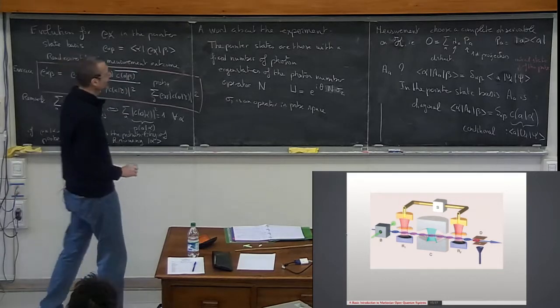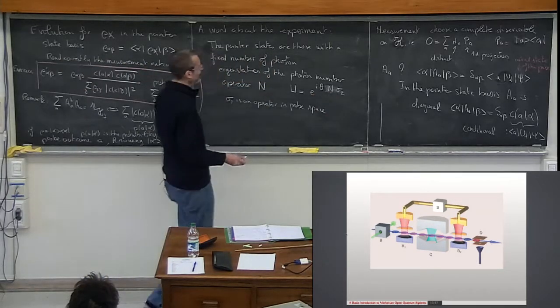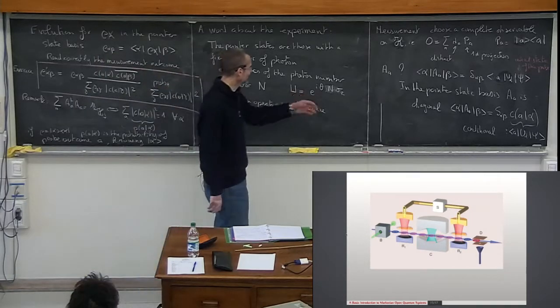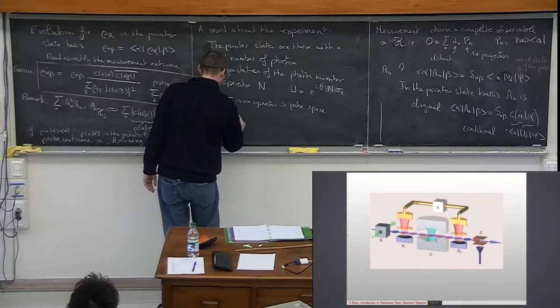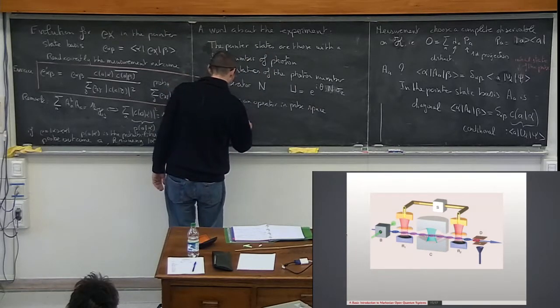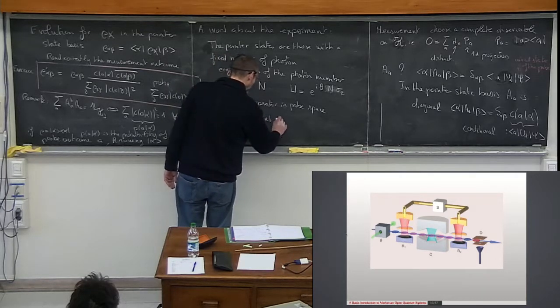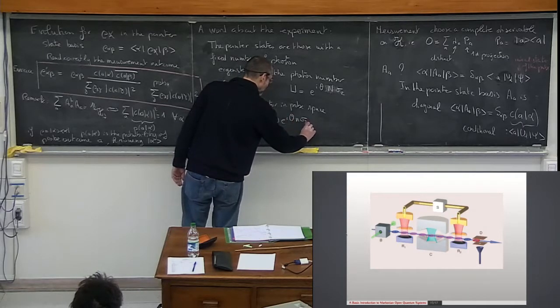Okay, so this is a number operator, and of course it's easy to see that you can decompose on the basis of n, so this is going to be the sum over n of |n><n|, the photon number projector, tensor e to the i theta n sigma z.